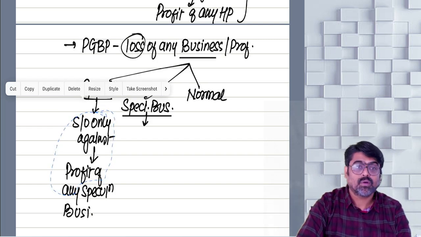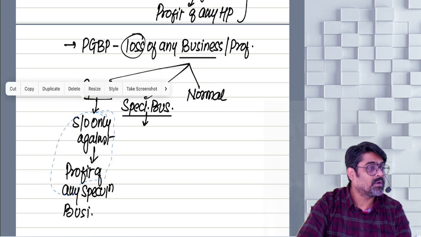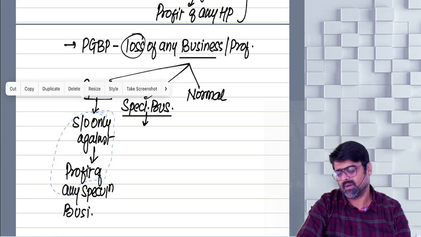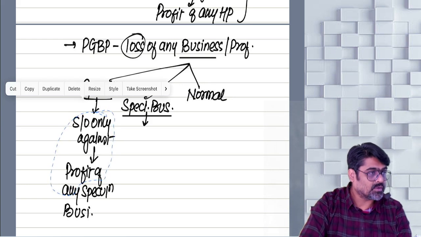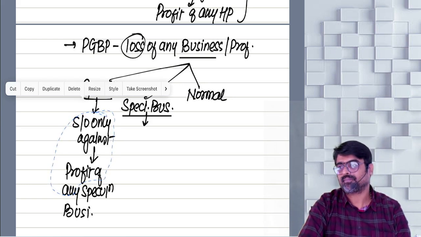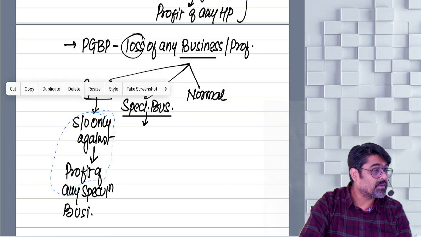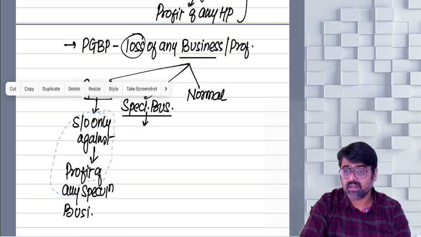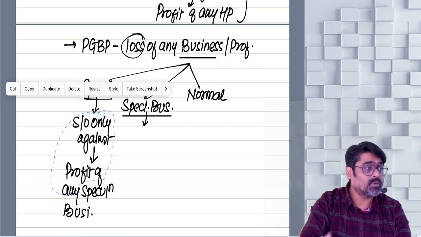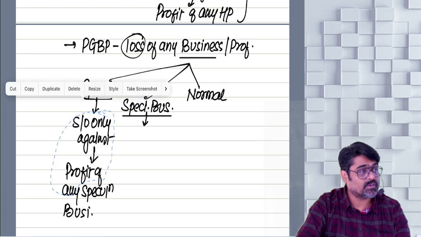Yes or no? Manufacturing of fertilizer, then honey and honey beeswax. Yes or no? Then there is warehousing facility for storage of agricultural produce, storage of sugar. All those businesses are specified businesses. Few more businesses are there. List of 15 businesses given.